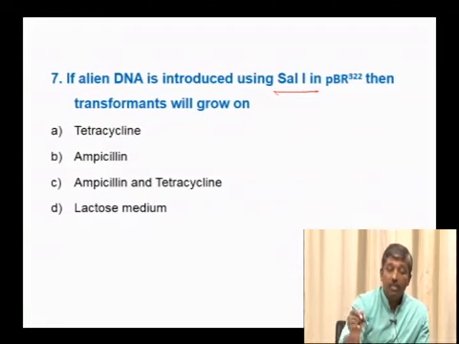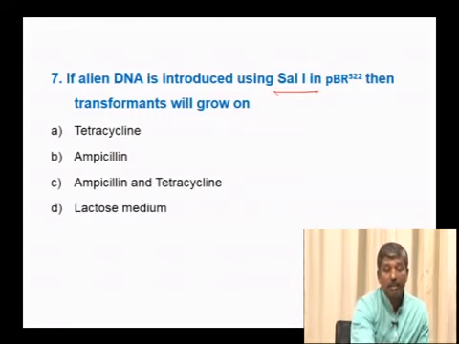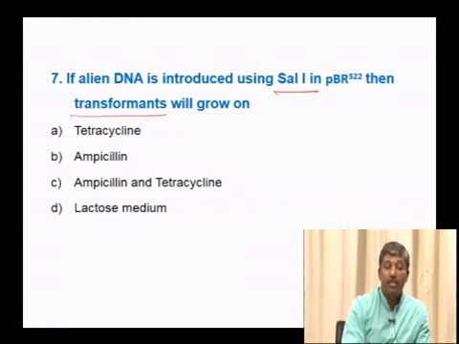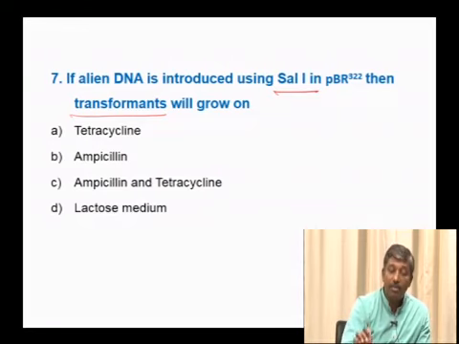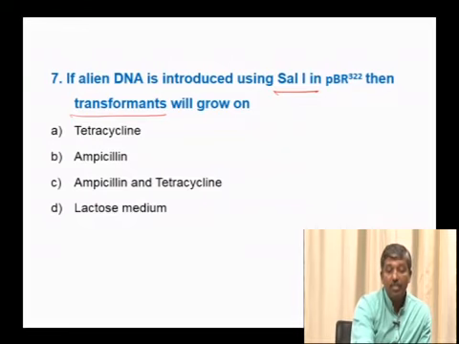Hence the recombinants or transformants cannot grow in the nutrient medium containing tetracycline. They will grow only in the nutrient medium containing ampicillin. So if alien DNA is introduced using SalI in pBR322, then transformants will grow on ampicillin.